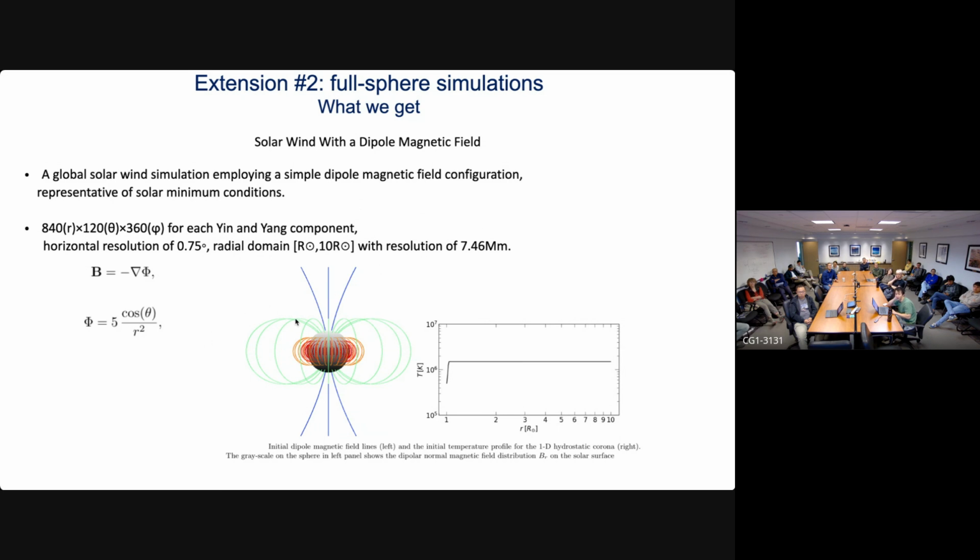We initialize the magnetic field with a dipole potential field with a strength of 10 Gauss, and this is the initial dipole field lines, and the profile of the temperature as a function of the radial distance.